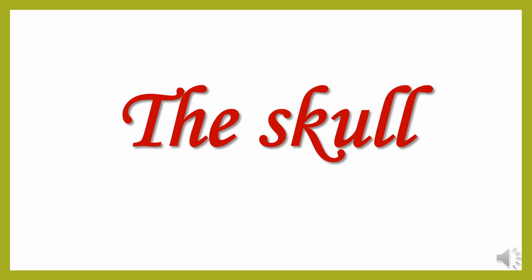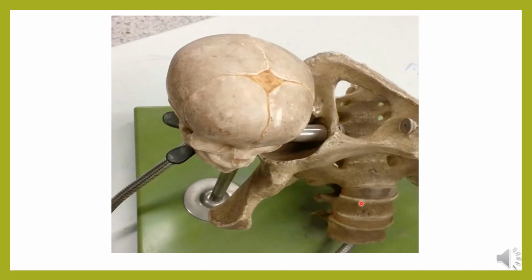Now I will talk about the skull. The skull is composed of two parts. First, the neurocranium, the brain box, derived from the cranial vault and the cranial cavity, which forms the flat bones surrounding the brain and the base of the skull.